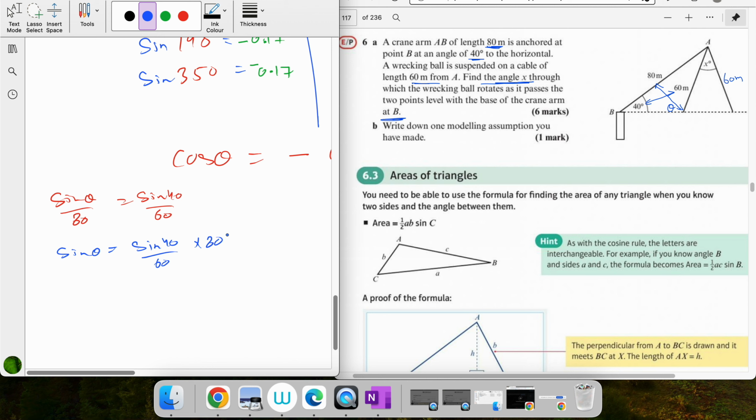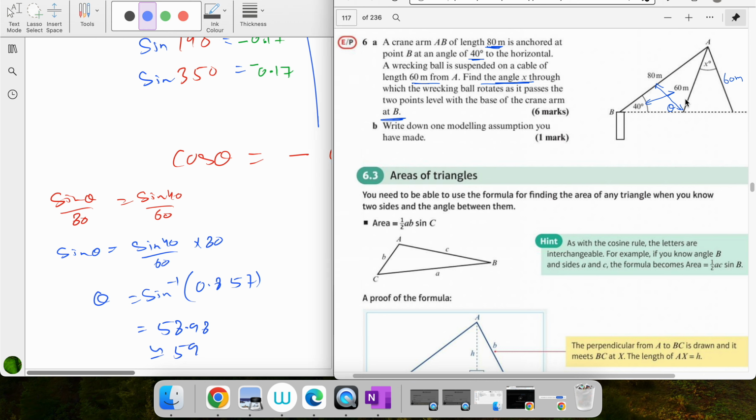Sine 40 divided by 60 into 80 is 0.857. Sine inverse of 0.857 gives 58.98, approximately 59.